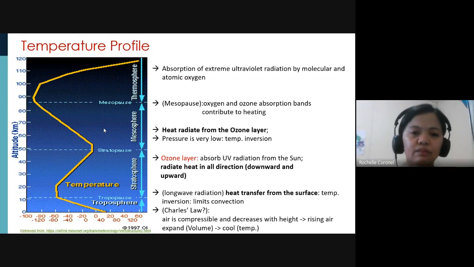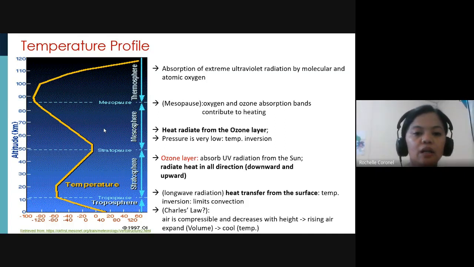And then in the thermosphere, there is extreme ultraviolet radiation, and this UV radiation is absorbed by molecular and atomic oxygen. So notice that the stratosphere and the thermosphere basically have the same structure, while the troposphere and mesosphere have the same structure.